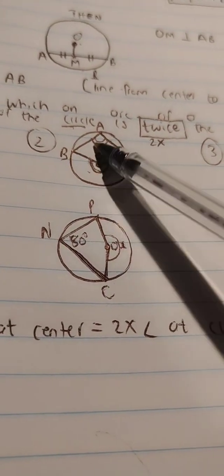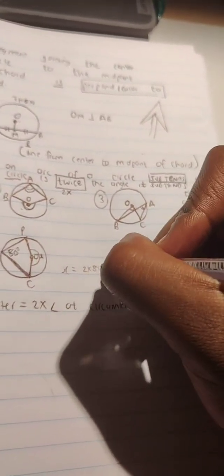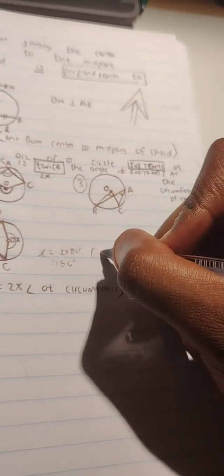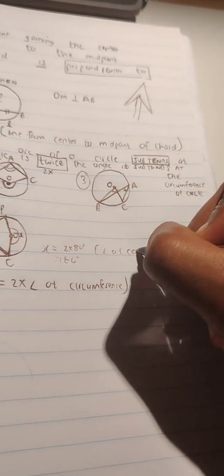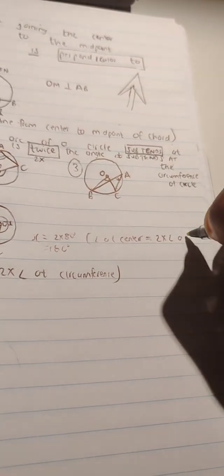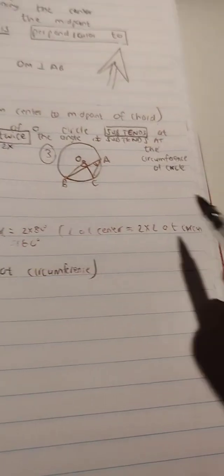Therefore, angle at the center is 2 times the angle at the circumference. So when we say X is equal to 2 times 80 degrees and we get 160, you must understand that the reason is very clear: angle at center is equal to 2 times angle at circumference.